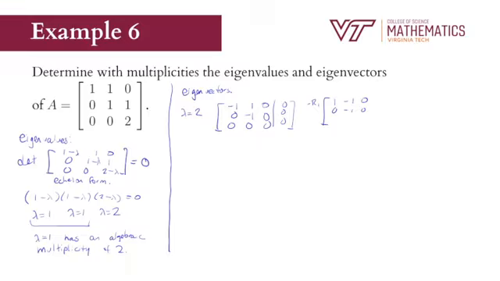I have lost my pen. There we go. That should be a 1. That should be a 0. This should be a 1. And there we go.